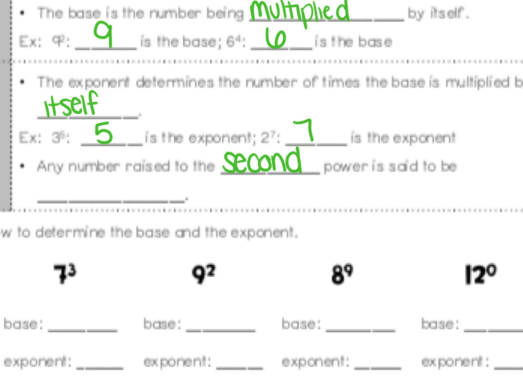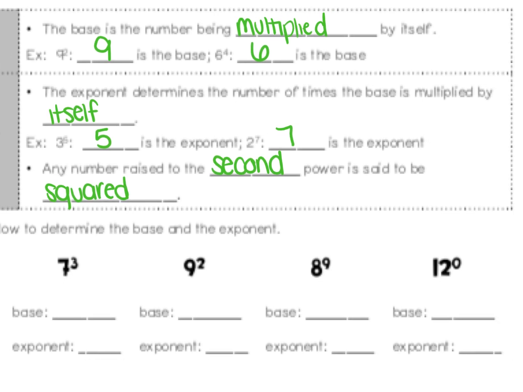So I could say it's 9 to the 2nd power or 9 squared is correct. Nice job. That is a nickname when we're using 2 as an exponent. And then off to the side of that, we're also going to add that the 3rd power also has a nickname. Anyone know the nickname for the 3rd power?